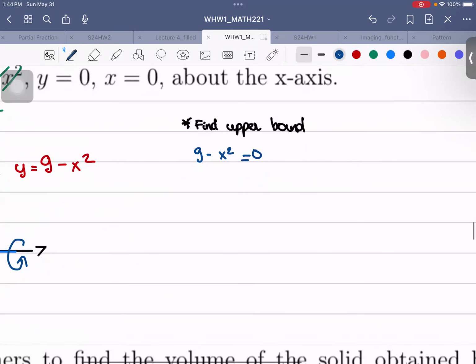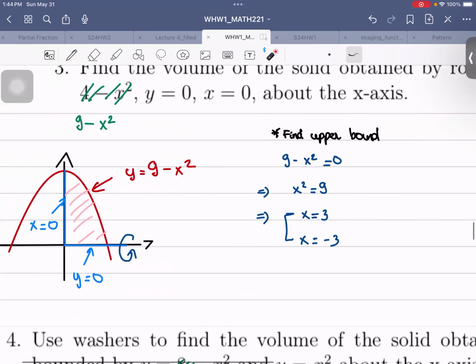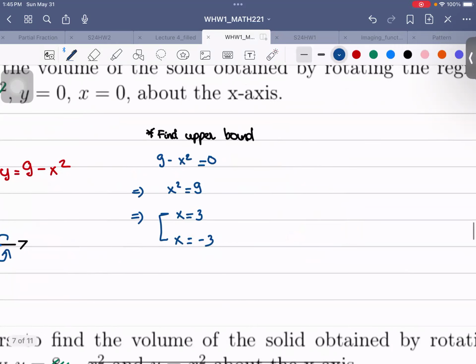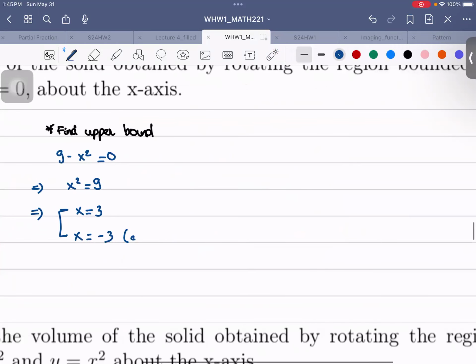Okay, and I have x squared equal to 9. So I have x equal to 3 or x equal to negative 3. And we just focus on the intersection between the curve and the lines on the right side over here. So I just take the value 3, and the value negative 3 is not contained inside the region. Okay, so I don't take this one.